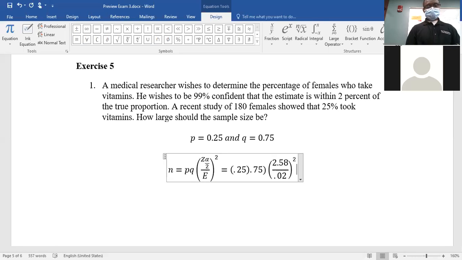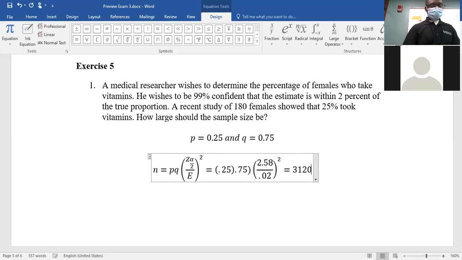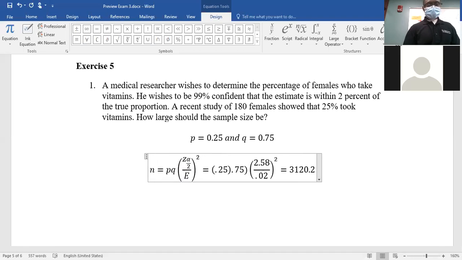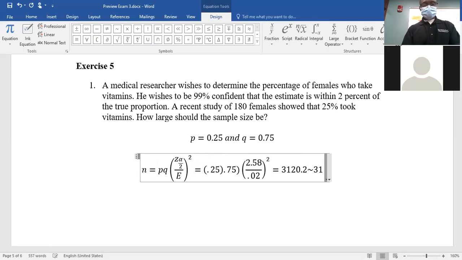I got 3,120.19. If you get a 3,121, okay, equals to 3120.2, which we will make it equal to 3121.